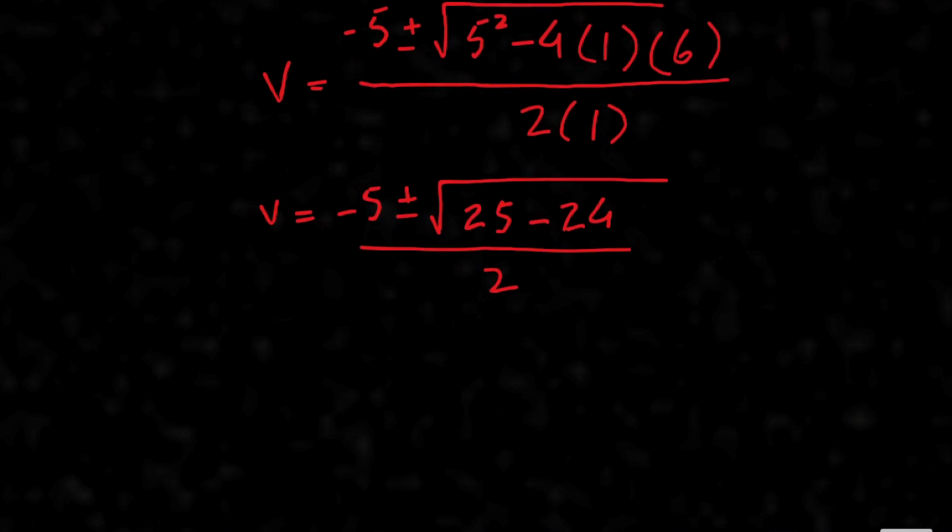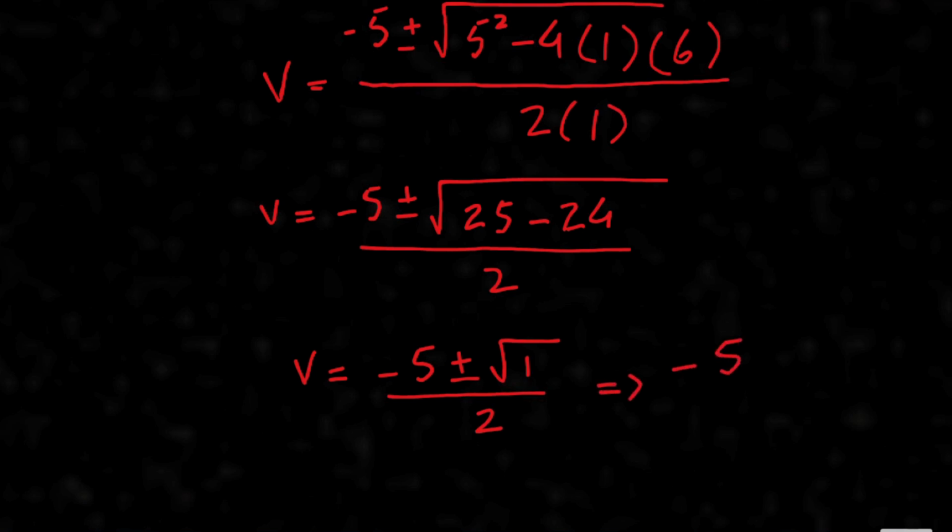If I further simplify it, v is equivalent to minus 5 plus minus radical 1 over 2. As we know, radical 1 is also equal to 1, so we can write it like minus 5 plus minus 1 divided by 2.